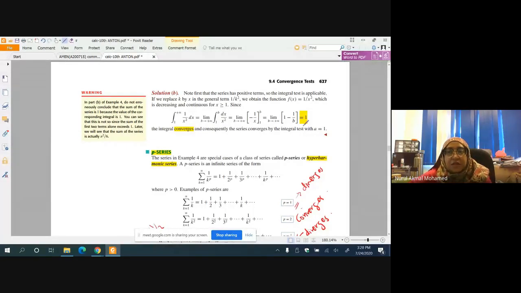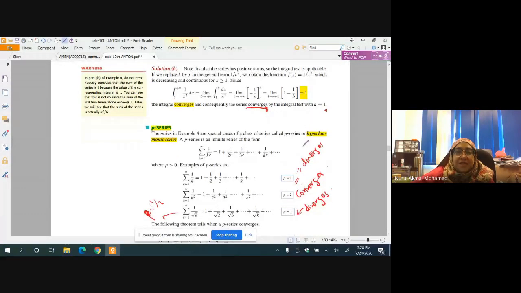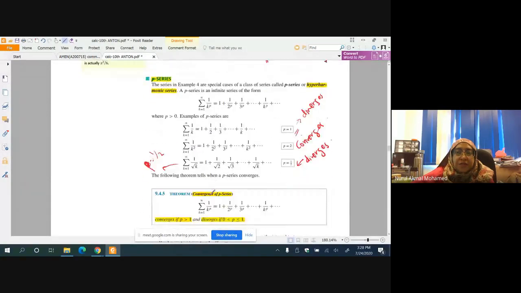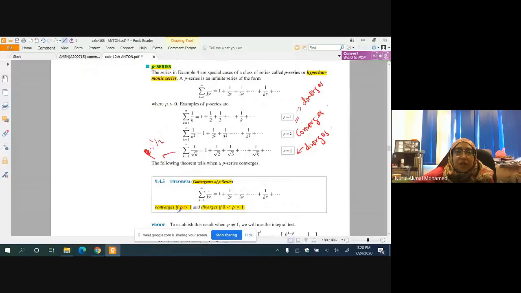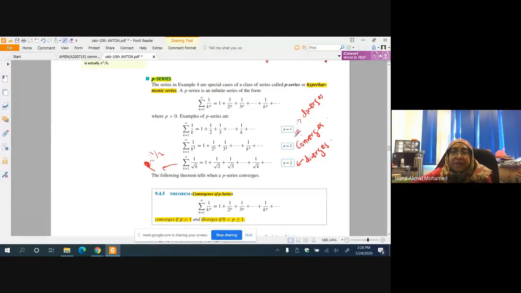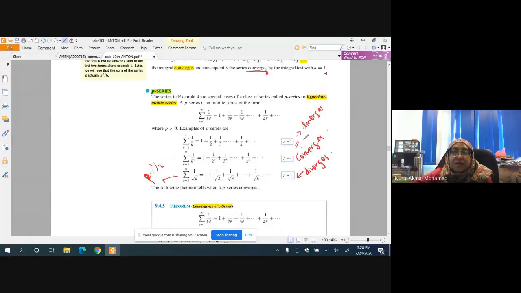So the series converges. And if you look at the P series, for p equal to 2, for p greater than 1, they all converge. So it tallies with the integral test.